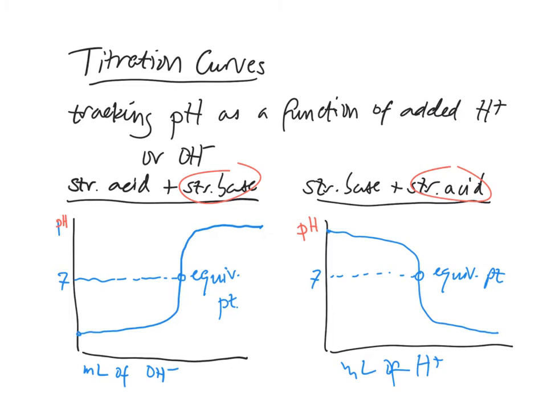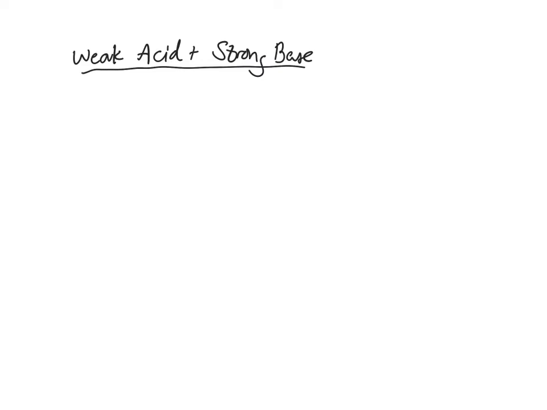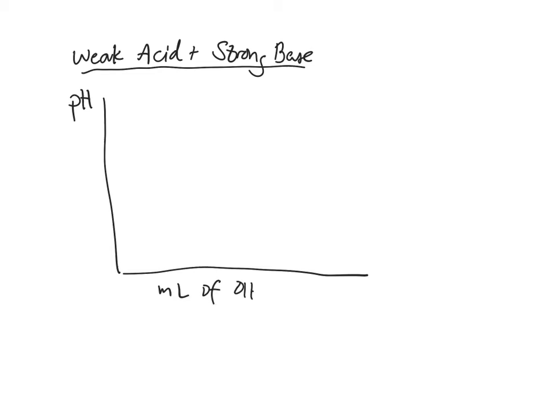Now things get more interesting when we're talking about what if one of the acids or bases is stronger than the other. So if we have a weak acid and a strong base, again, we're going to be tracking pH on the y-axis, and in this case, milliliters of OH minus added.